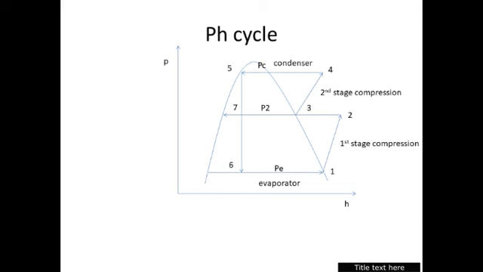Point 7 will be calculated as h equal to hf plus x hfg, because it is inside the dome, so it will be wet. And point 6 will also be wet, so we will again need h equal to hf plus x hfg. So thank you for that.